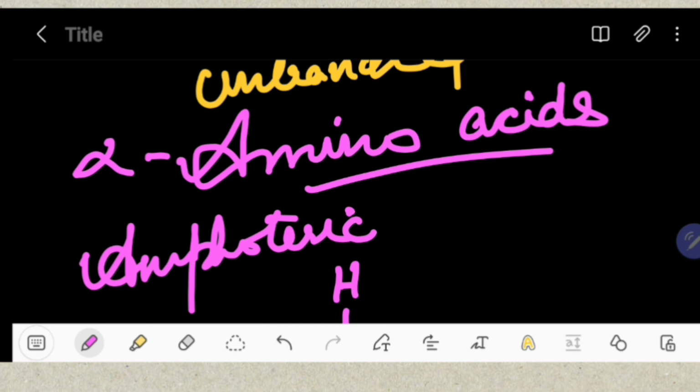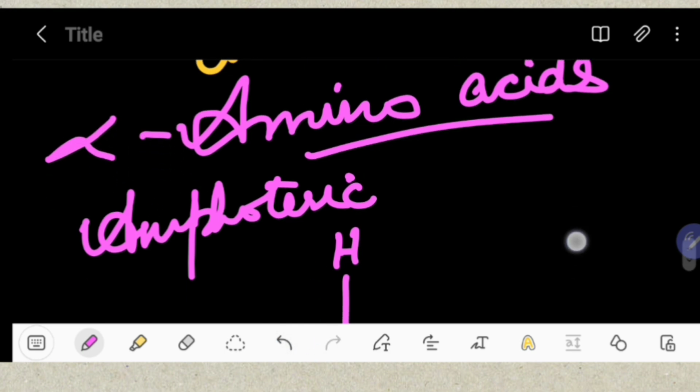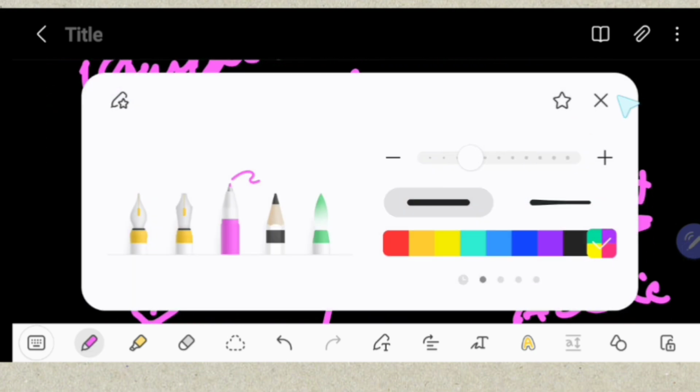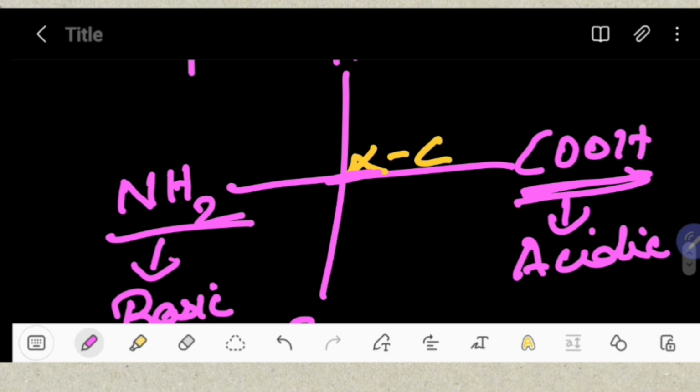They are amphoteric in nature, because basic and acidic characters are shown by NH2 and COOH respectively, and both of them are present on the same carbon, which we call the alpha carbon. So you call this amino acid an alpha amino acid.